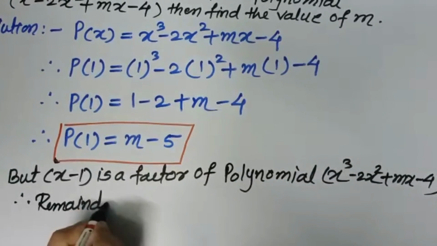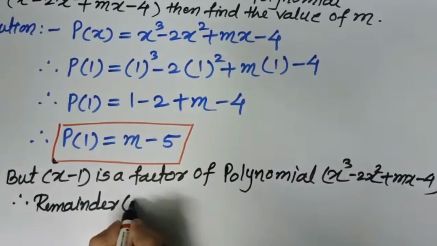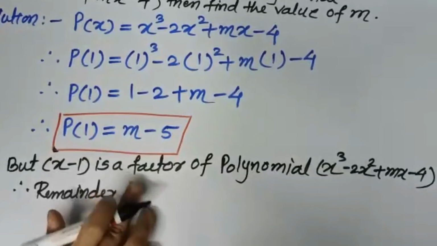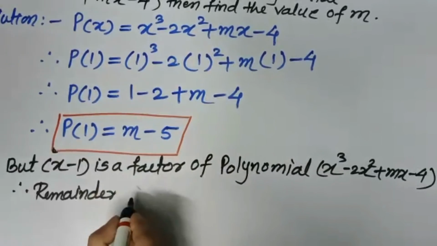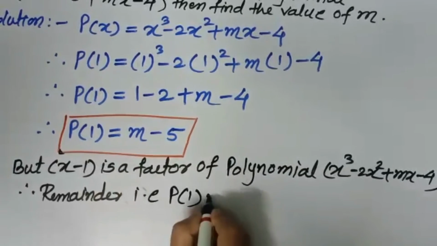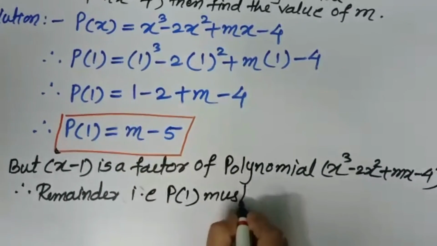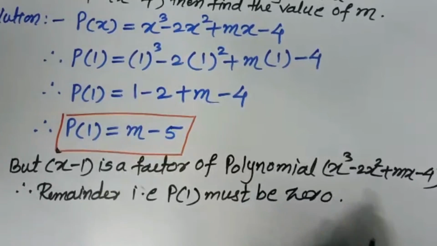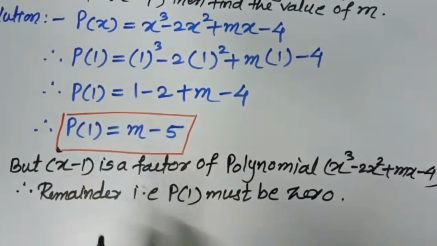Say, which remainder? The remainder is p of 1. So you see here, that is p of 1. The remainder, that is p of 1, must be 0. Okay, must be 0. Now we will equate this p of 1 with 0.